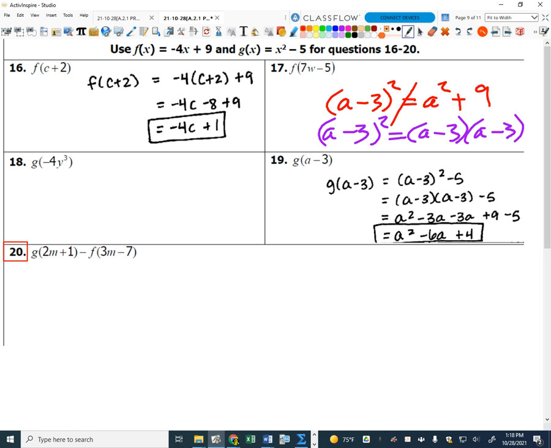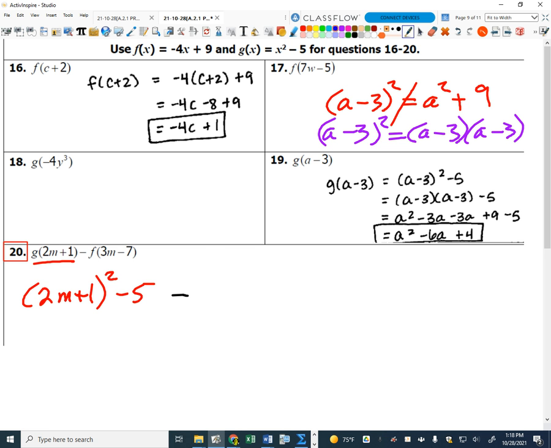So does everybody see then that this is going to give me the quantity 2m plus 1 squared minus 5? Give me thumbs on that. Because this is g of x. G of x is x squared minus 5. So g of the quantity 2m plus 1 is the quantity 2m plus 1 squared minus 5. Right? And I'm going to have to simplify that.